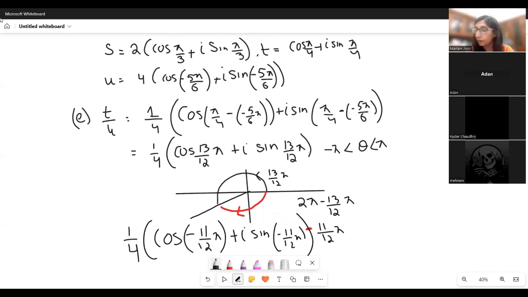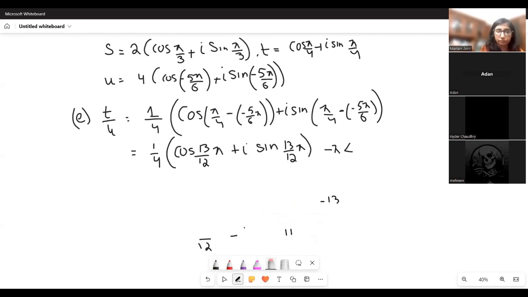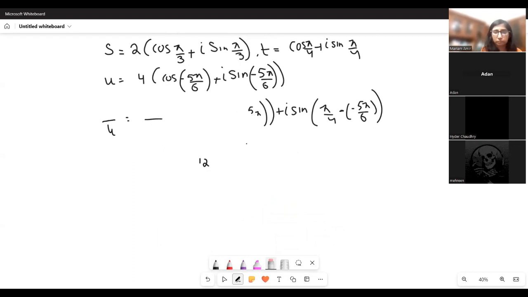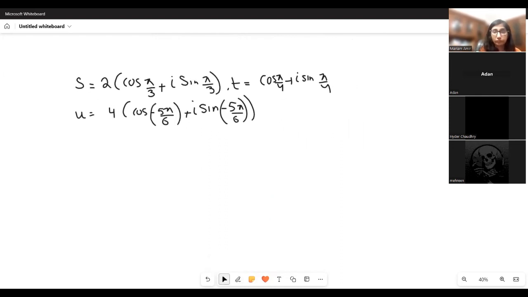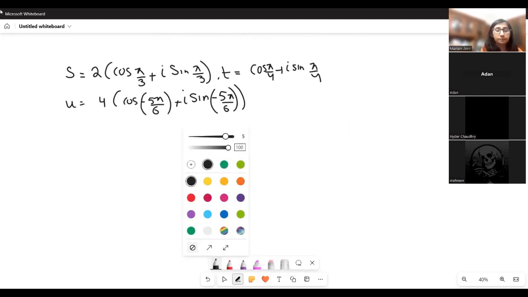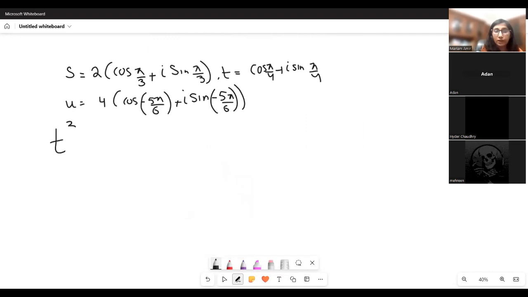Now let's do part F, which is find TQ. Since it's TQ, we're going to use De Moivre's theorem. So that is very easy.